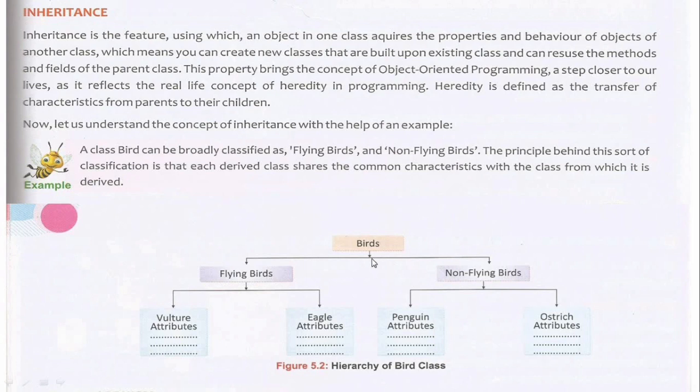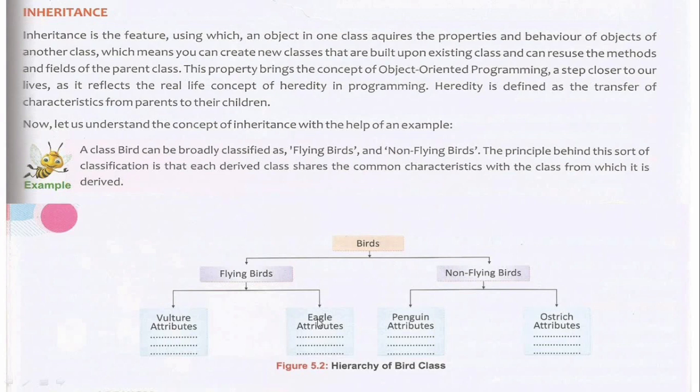Now see the principle behind this sort of classification, that birds are being classified into flying birds and non-flying birds, is that each derived class shares common characteristics with the class from which it is derived. That means at the end of the day, all these four examples that we have taken over here have been derived from the main parent class, that is the birds class.